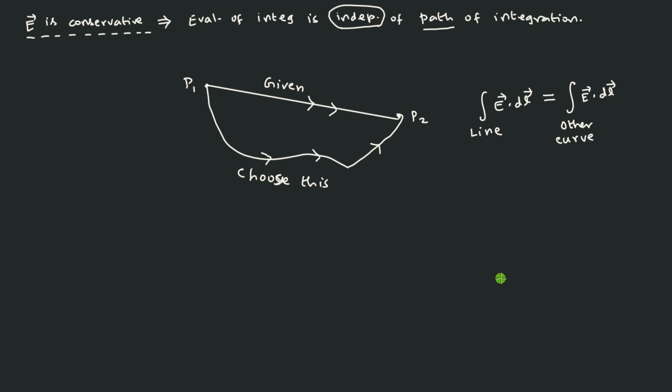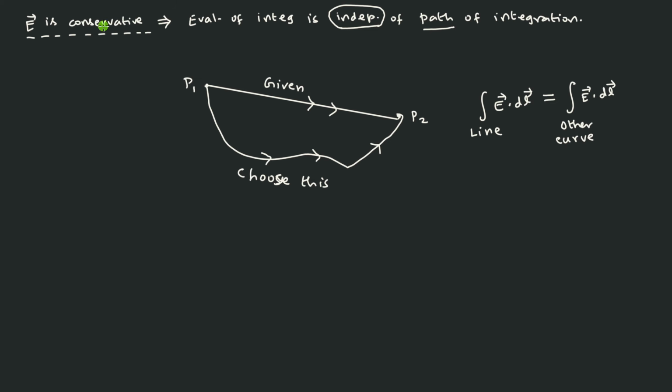If you evaluate this, you will get the same answer, and that is the meaning of conservative. So the meaning of conservative can be explained using a line integral like this. This is how you understand the conservative principle in terms of mathematics.